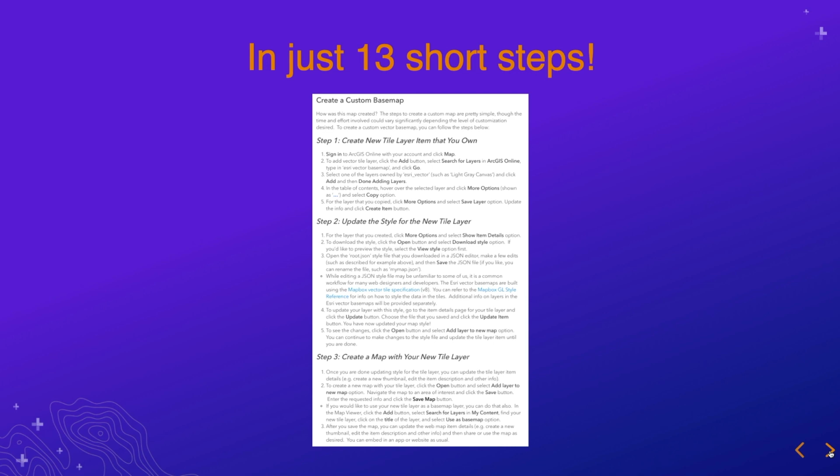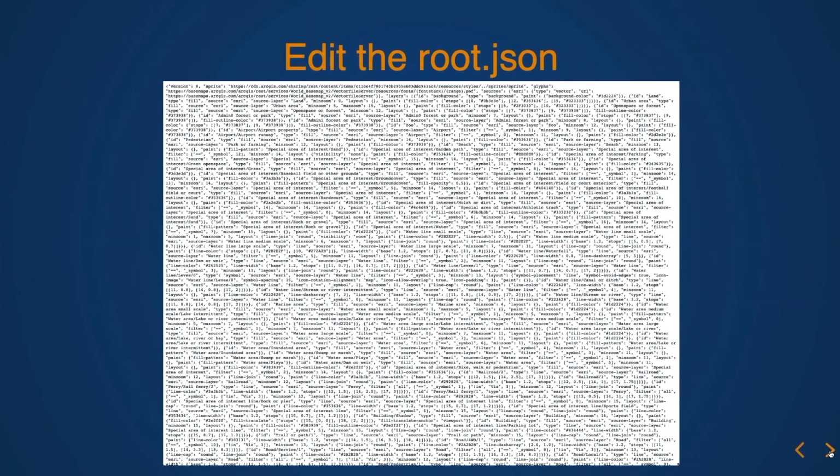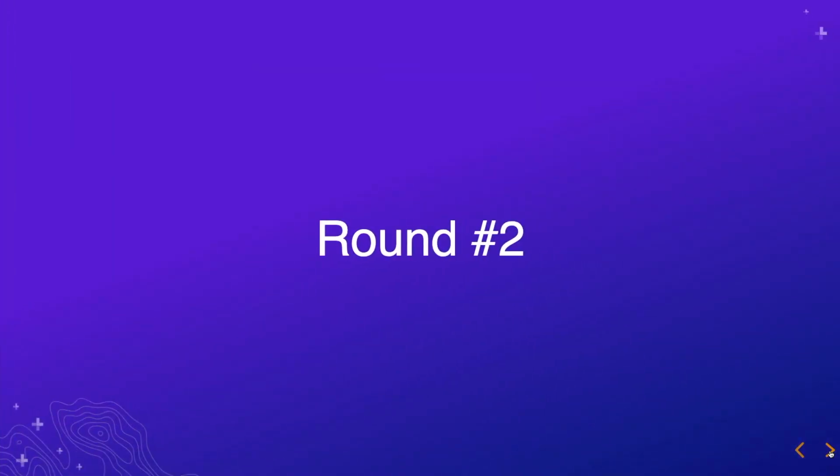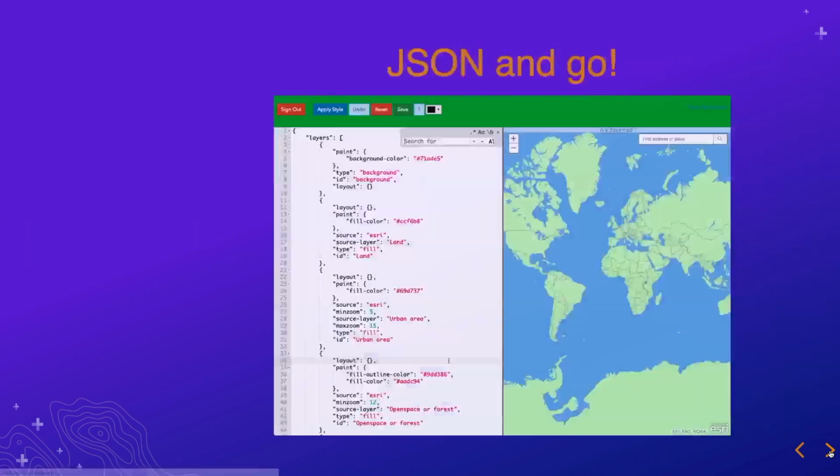And yeah, 13 short steps, so it was quite undesirable at the time, especially considering the complexity of the JSON behind the scenes. It really required the user to understand a lot about how the JSON was structured and what edits would have what effect on the map. So really not a good user experience, especially for intro level developers and designers.